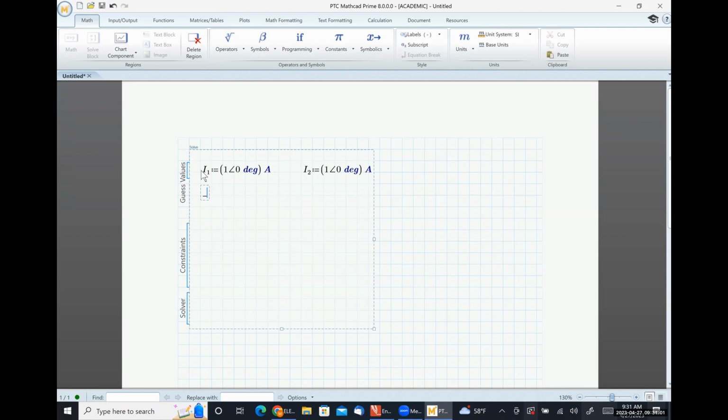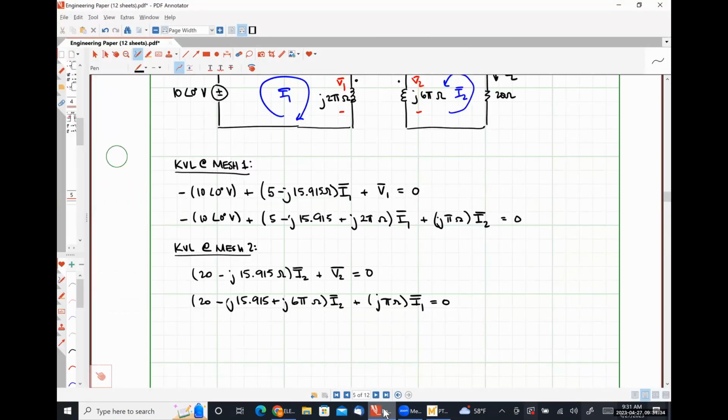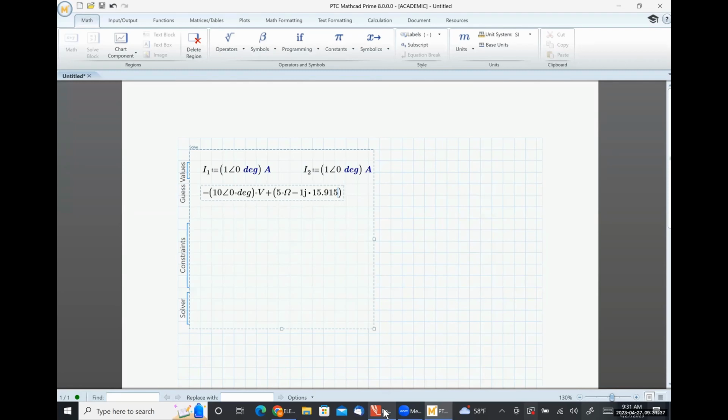So I have negative 10 angle 0 degrees volts plus 5 ohms minus 1J times 15.915, plus 1J times 2 pi ohms.